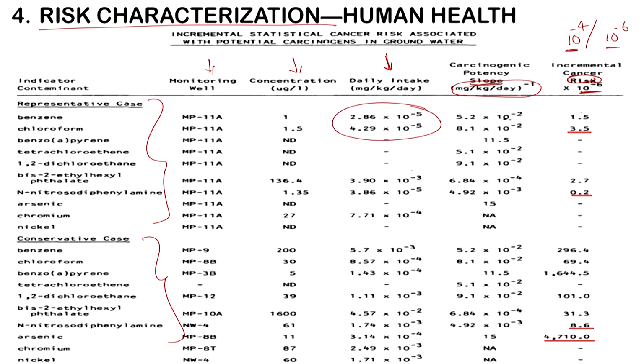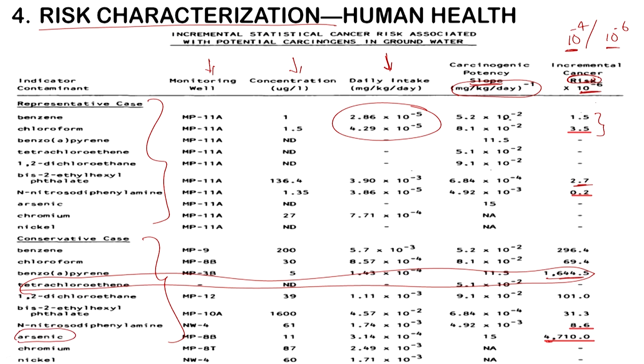Here they are choosing the threshold to be 10 power minus 6, and the compounds that have relatively high risks are highlighted here. Tetrachloroethylene obviously has very high risk, and I believe arsenic as well.